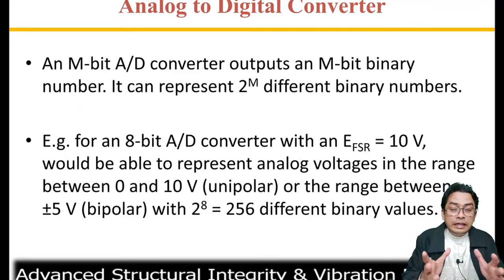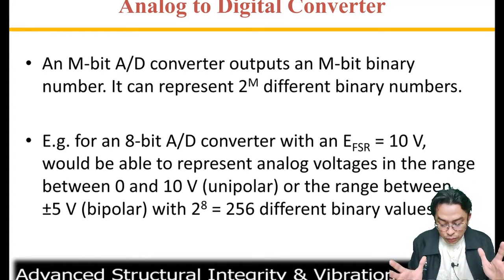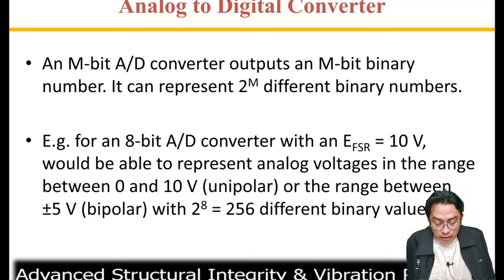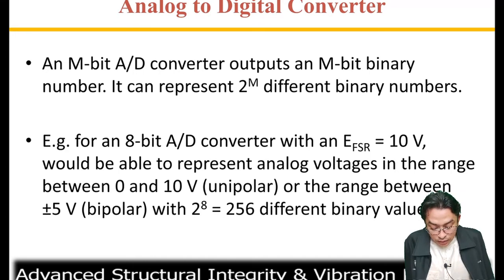The digital side is represented by M bits, which gives 2 to the power of M different binary numbers. For example, if we have an 8-bit AD converter with an EFSR of 10 volts, the digital side will represent the analog signal with 256 different binary values.